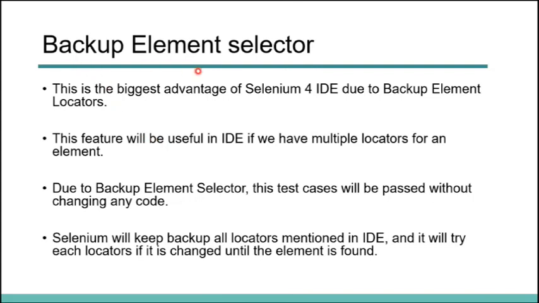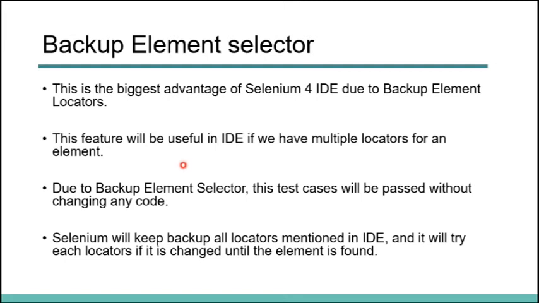The backup element selector is the biggest advantage of Selenium 4 because it has the feature to back up the locators. This feature is very useful in IDE if we have multiple locators for an element. Are you confused? Let's understand this with a simple example.